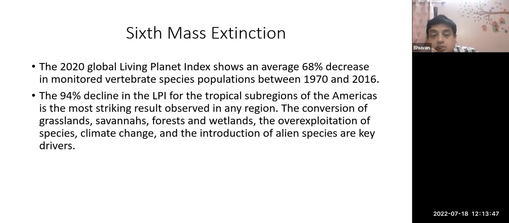In the Living Planet Index report, various subregions of the world have shown different rates of extinction and decline in the number of species. The most prominent among the tropical subregions is Latin America. The major reason is that grassland, savanna, and wetlands are converted into agricultural fields, and overexploitation of species, along with climate change and alien species, are responsible for these events.